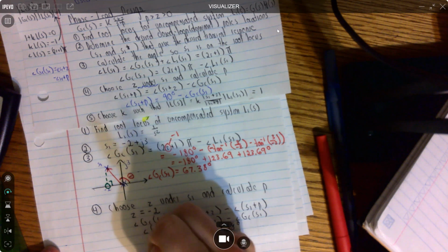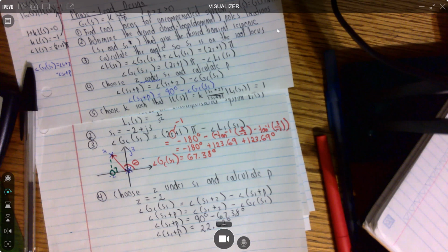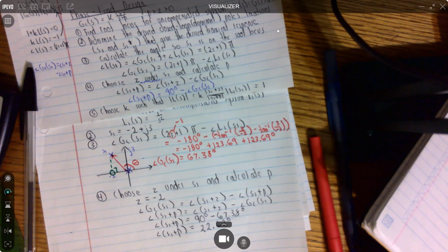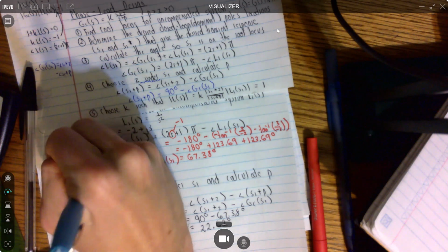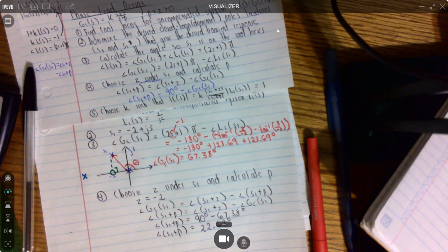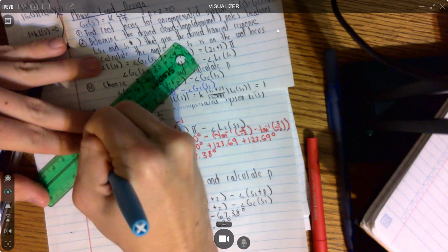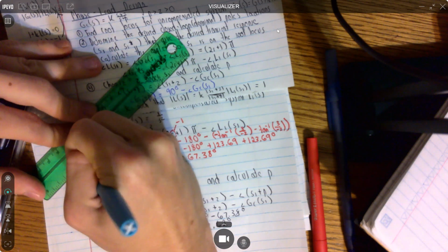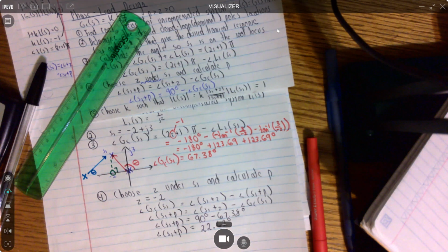And remember, because we're designing phase lead to meet the criteria because it was not met on the step response of our graph, because it's a lead, in order to meet the transient response, our pole is going to be somewhere out here. And so we have to determine the angle of the pole. So how do we determine this? That's the main thing.